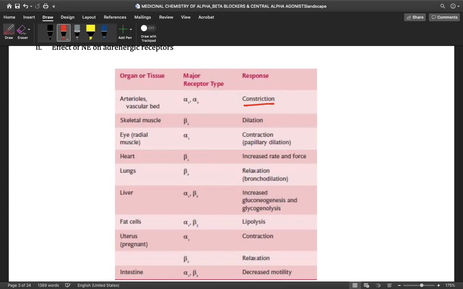In skeletal muscles, you have the beta-2 receptors that can cause dilation. When epinephrine and norepinephrine bind to alpha-1 receptors, you have contraction. In the heart, you have the beta 1 receptors that increase the heart rate and the force of contraction.